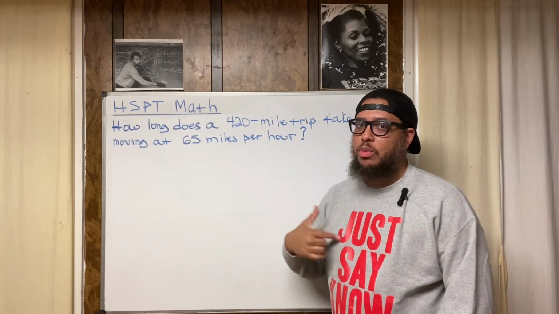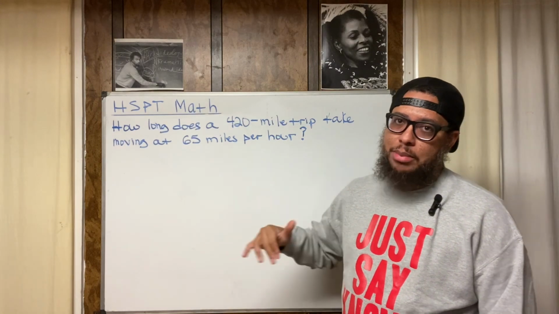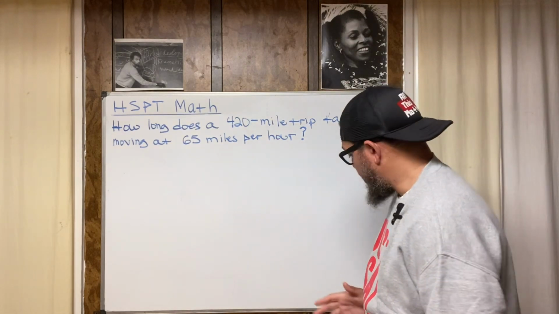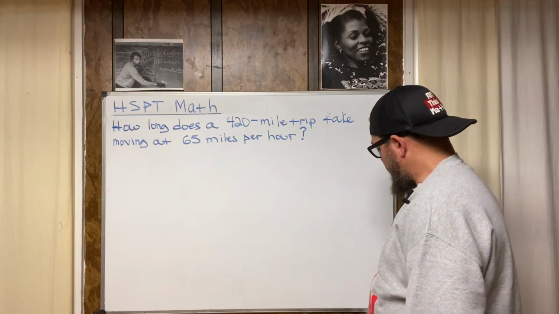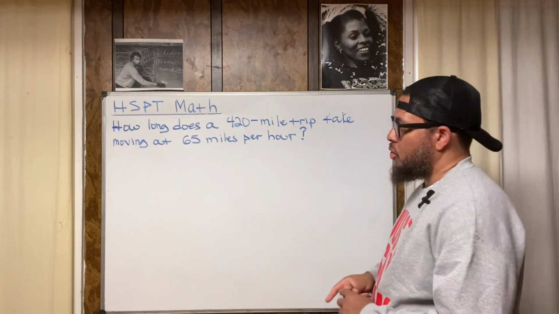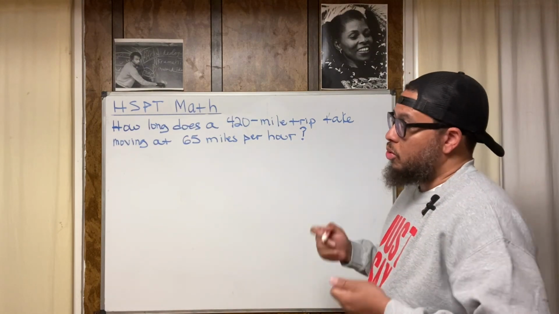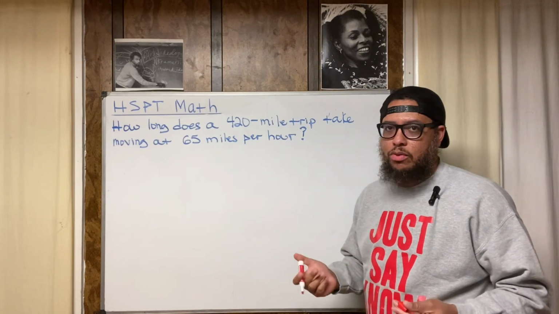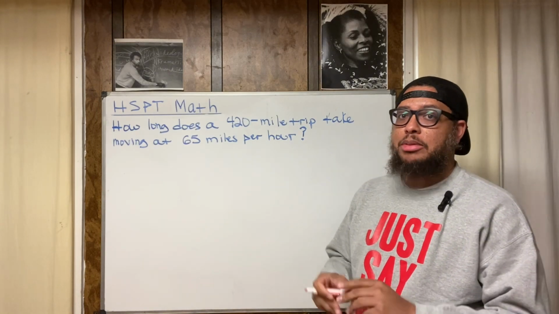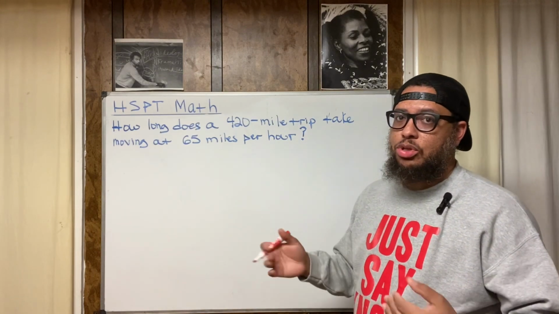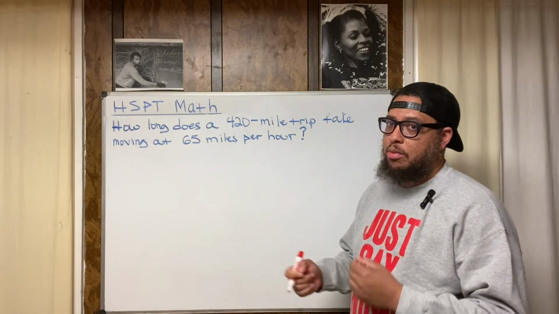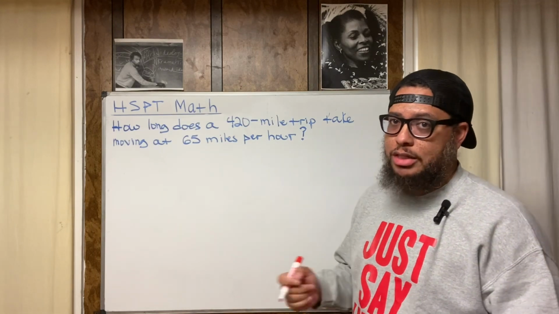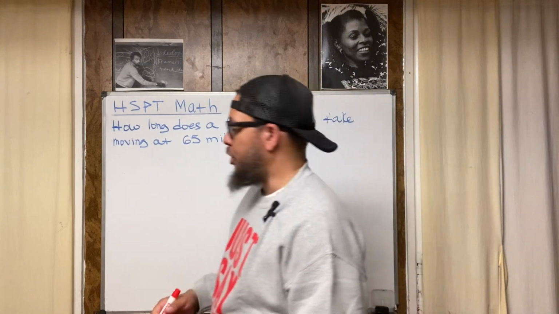Now, these problems are what I personally call dirt problems. And why do I call them dirt problems? Because these problems can be completed using the distance, rate, time formula, or the distance is rate times time formula. That's why I call it DIRT, right?